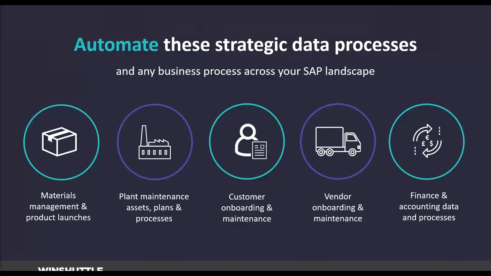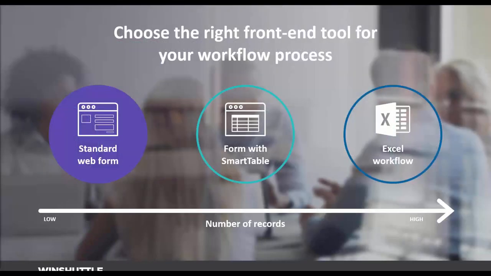Evolve offers some different front-end tools, and these can be selected based on the use case and volume of data. If you have one or a few records to work upon, then standard web forms is the best option. For medium volume, that includes tens of records, use forms with smart tables.